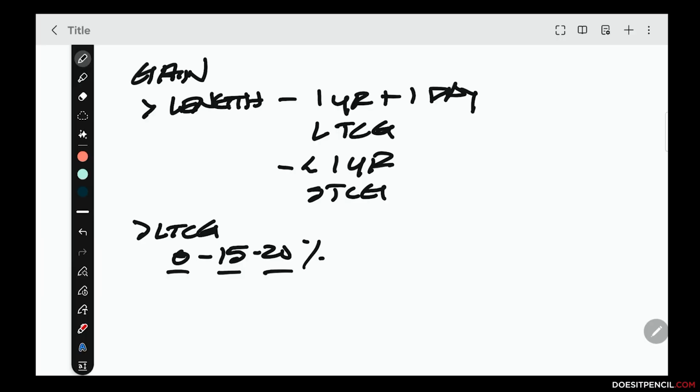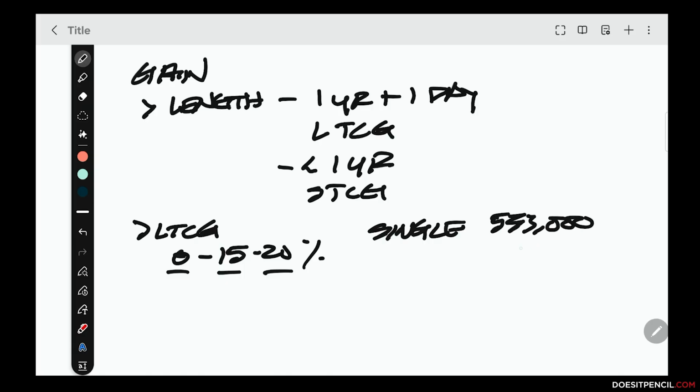Now, when we do Does It Pencil worksheets and discussions and talks, I tell people, if you're going to estimate this, estimate it at 15%. And here's why. Currently in the code, if you are single, you don't kick into that 20% bracket until you make over about $533,000.